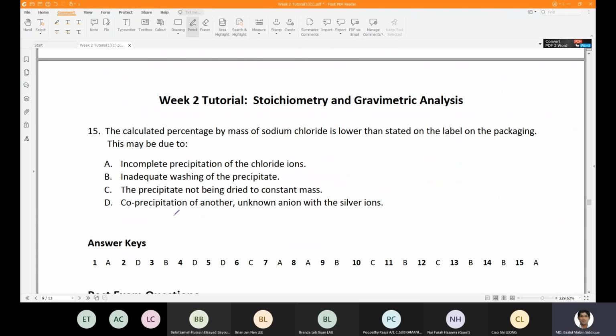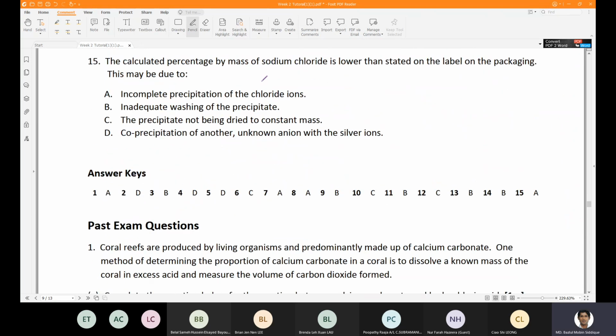B is the answer. Question number 15 says that the calculated percentage by mass of sodium chloride is lower than stated on the label of the packaging. This may be due to what? Incomplete precipitation of the chloride ion, inadequate washing of the precipitate, the precipitate not being dried to constant mass, or the precipitation of another unknown anion with silver.